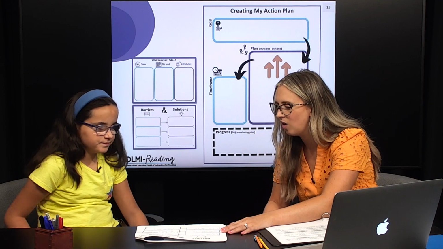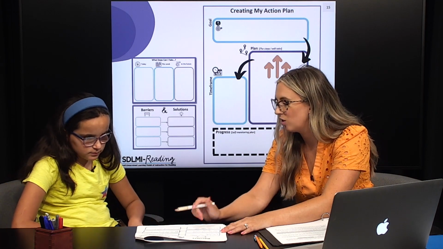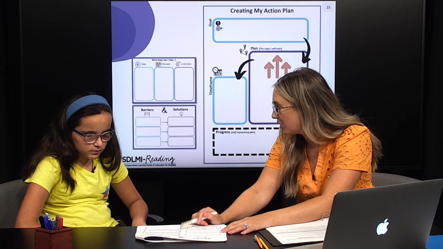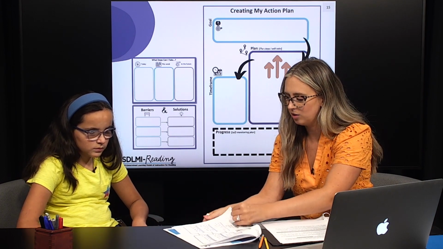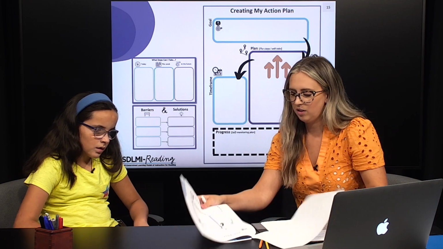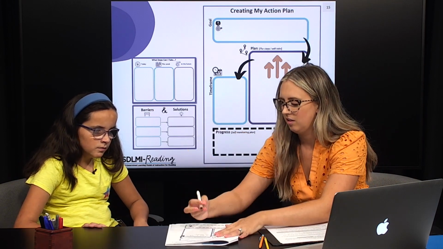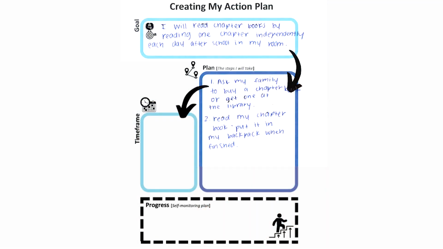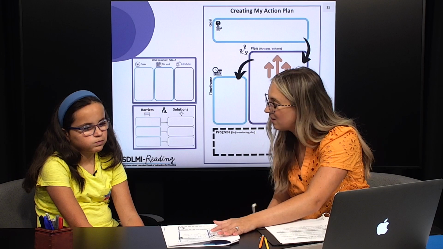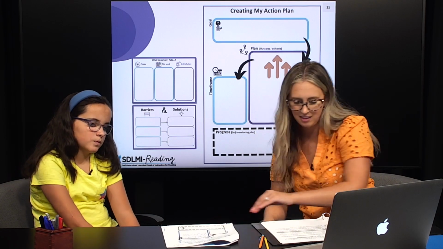So we're going to focus on making sure we have a solution to not being able to find your book once you get it, right? So our step 2 could be, we could say, read my chapter book. And we're going to remember to always put it in your backpack after you're done reading. That is a fantastic plan. Really good thinking.